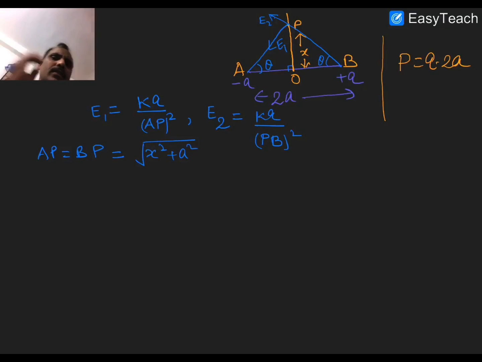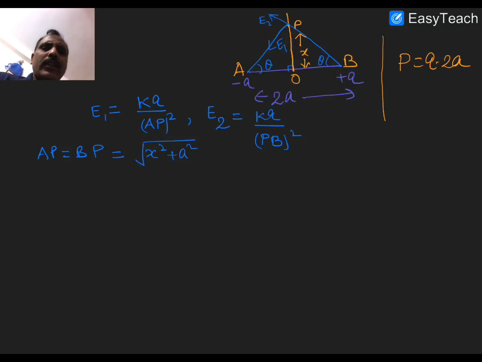AP is the hypotenuse of the right angle triangle AOP, and BP is also the hypotenuse of triangle BOP. So AP is equal to the square root of x square plus a square.